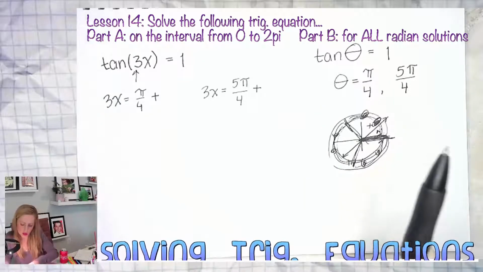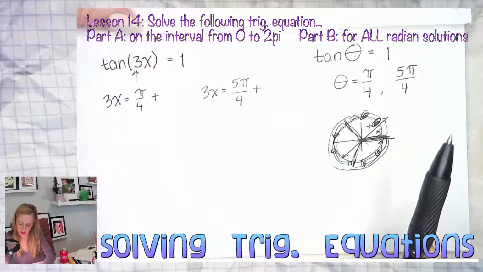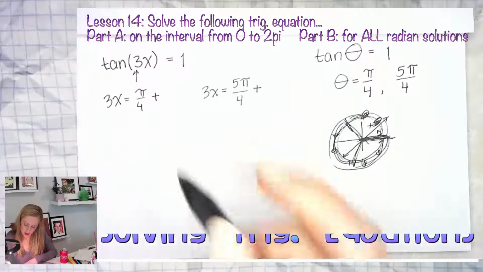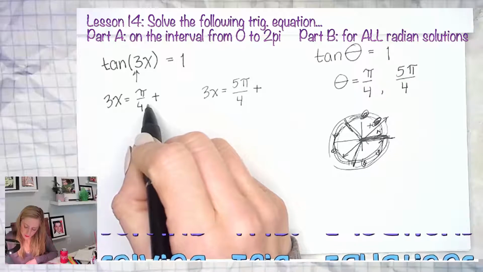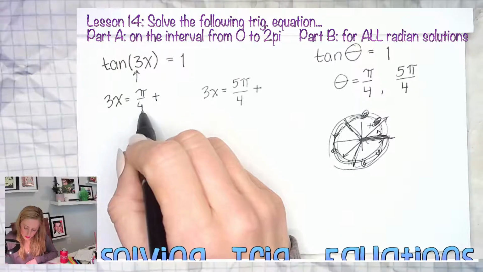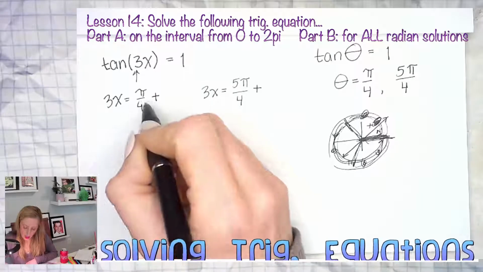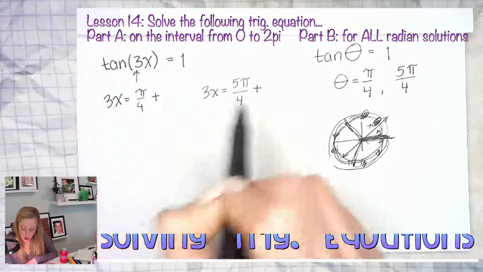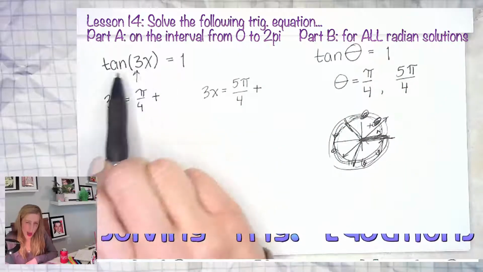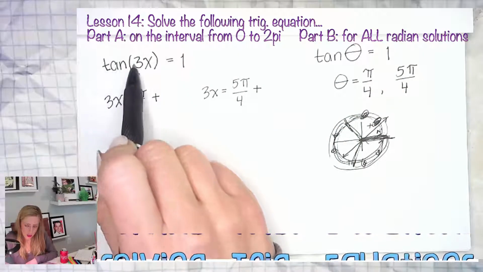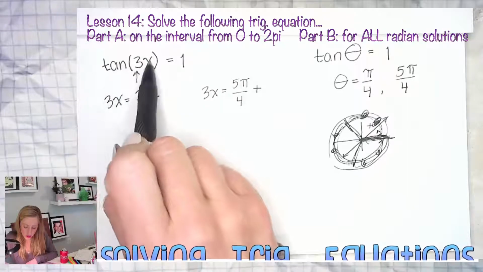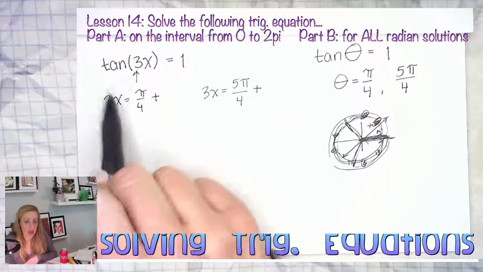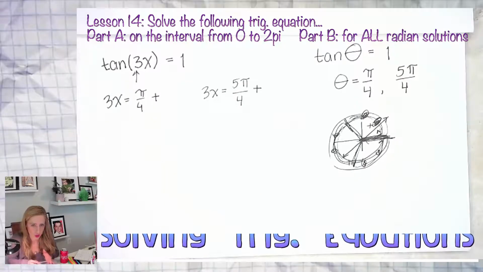I was thinking pi over 4 because if you would add pi over 4 to pi over 4, you would get a second answer. Well, I would get 2 pi over 4. But if I plug in 2 pi over 4, which is pi over 2, times 3, that's 3 pi over 2. Tangent of 3 pi over 2 is undefined, not 1. So it wouldn't give you an answer that works for that equation.